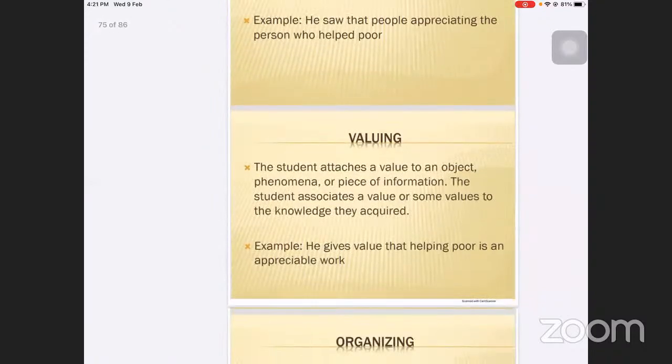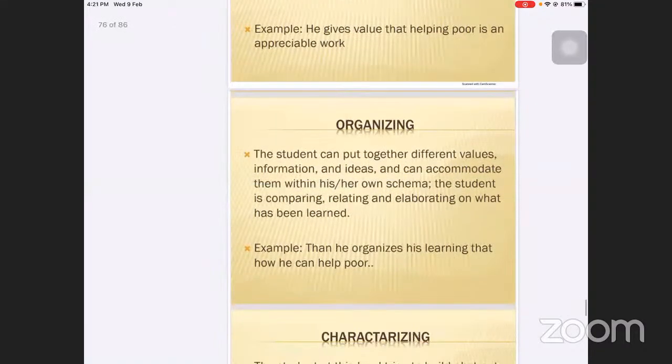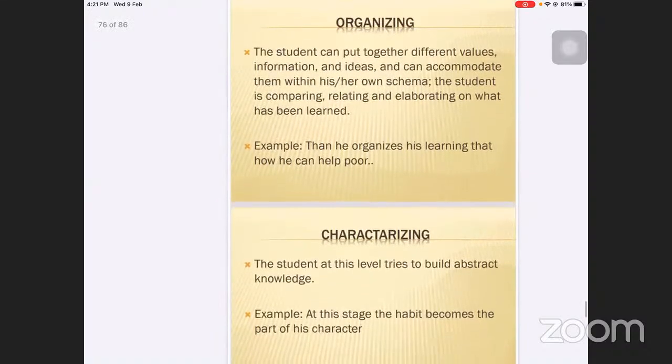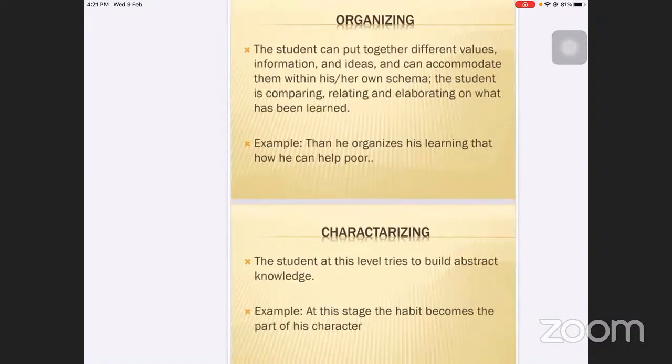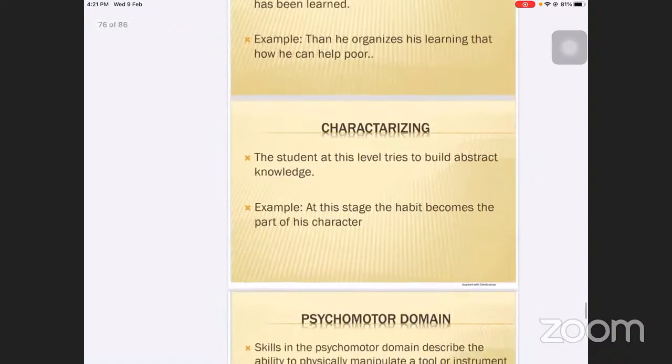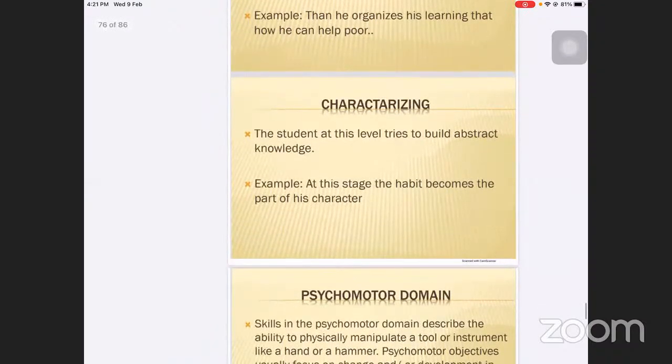That value becomes part of the personality. Ultimately, it is organized and an integrated part of the personality, and he appreciates it if someone gives money to a poor person, and it becomes a part of character. A good character develops in that way.